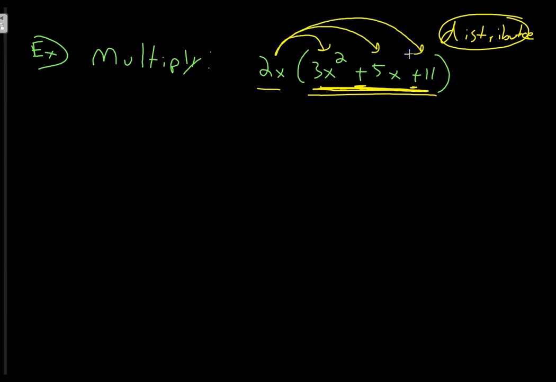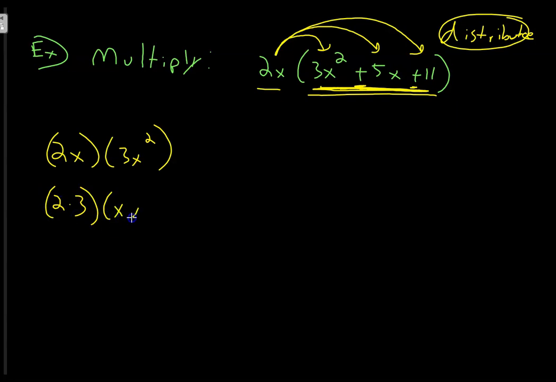So when we do this, basically, you're going to multiply the numbers and the variables. So you're essentially thinking about this as 2x times 3x to the second power. So if you multiply that, you can multiply the numbers together, 2 times 3, and then you can multiply x times x to the second power.